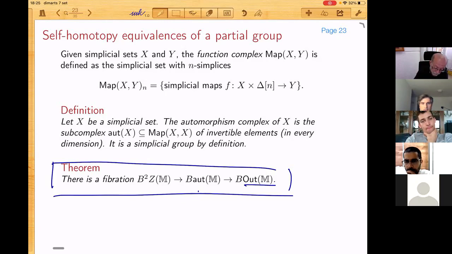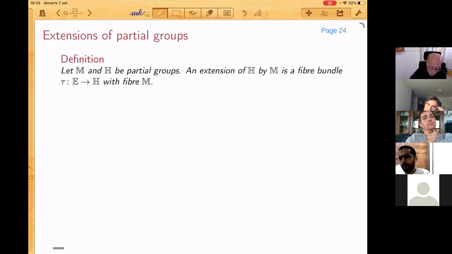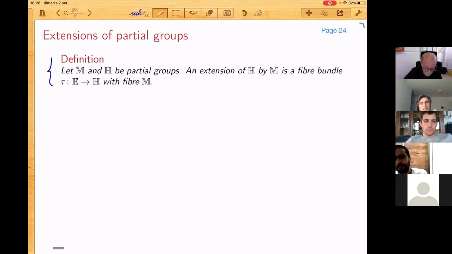So with this in hand, we go straight to the definition of extensions of partial groups, right? And this was, for me, one of the motivations to define partial groups in this way, using simplicial sets, because in this way the definition of an extension is clear. It's just a fiber bundle, right?